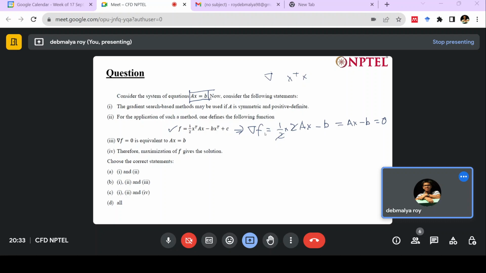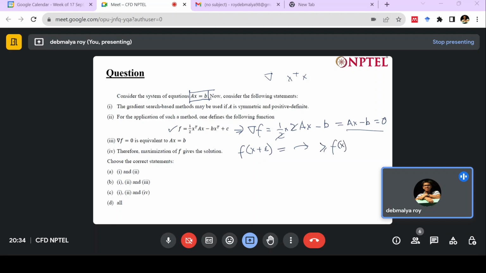It could have been maxima as well, but if you take this expression and look at the neighboring values, moving by a certain epsilon, you put x plus epsilon instead of x, and it can be proved, I think it is also done in the lecture, that this will always be greater than f of x.